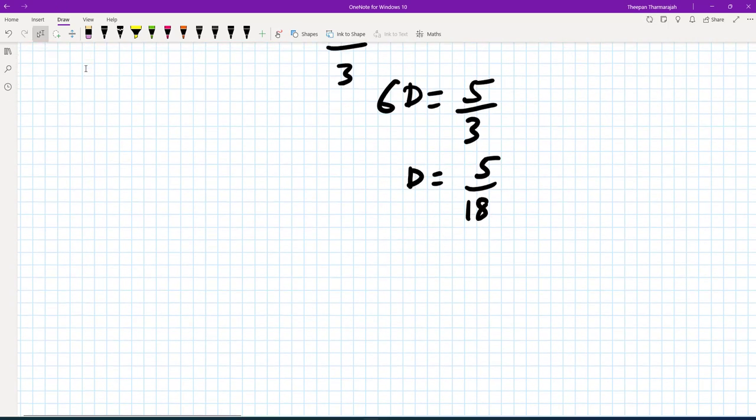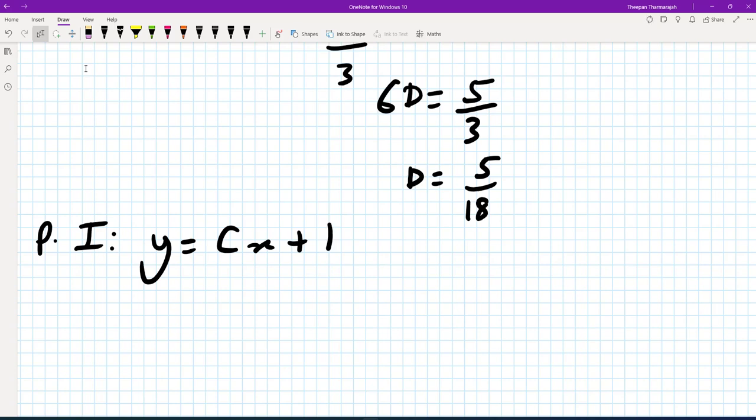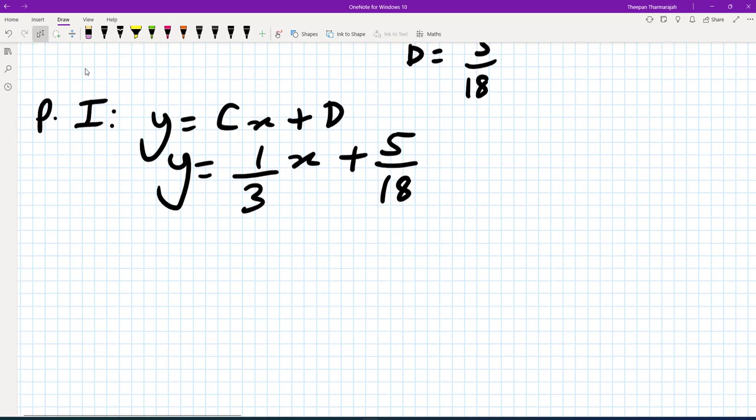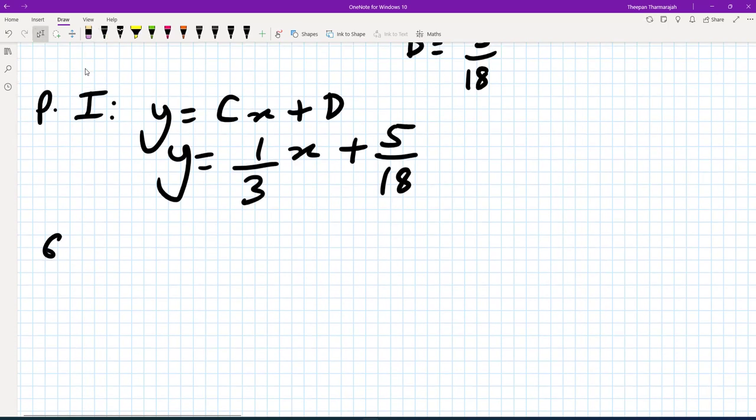So our particular integral is y equals cx plus d. So in our case, a third x plus 5 over 18. So in general, the general solution is y equals CF plus PI.